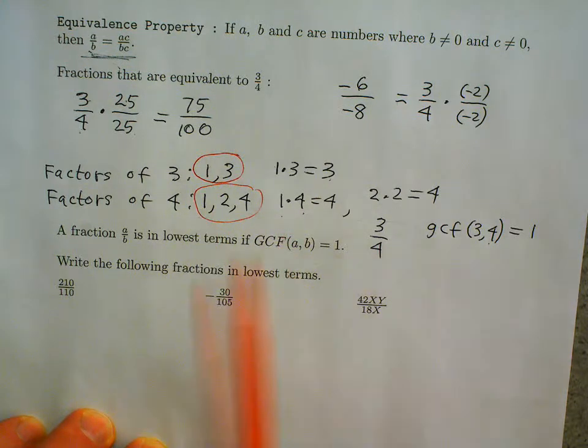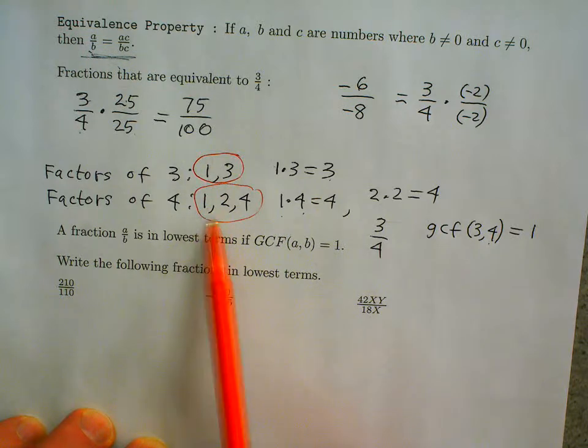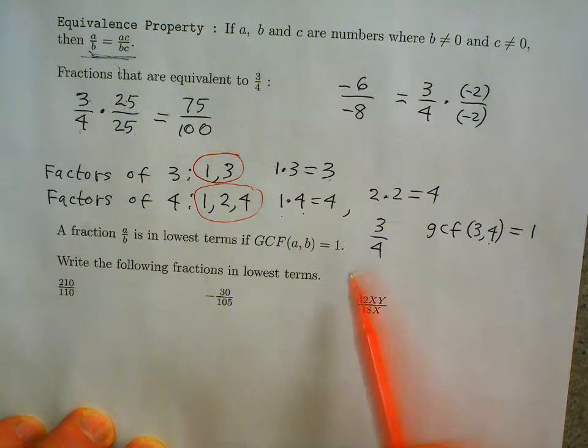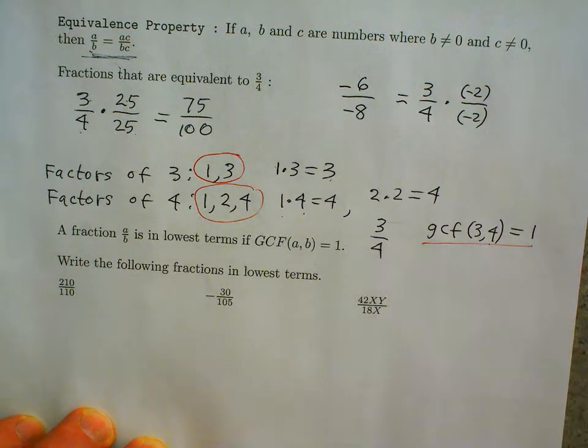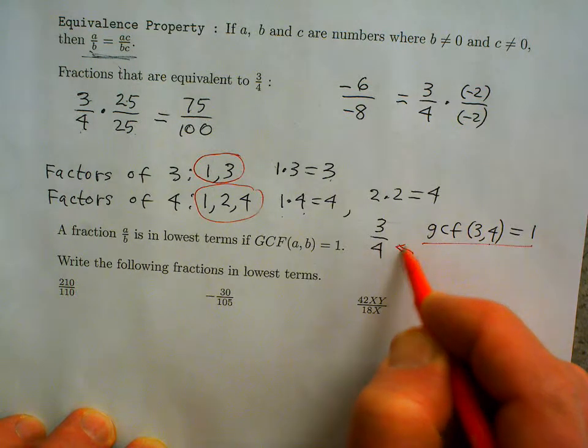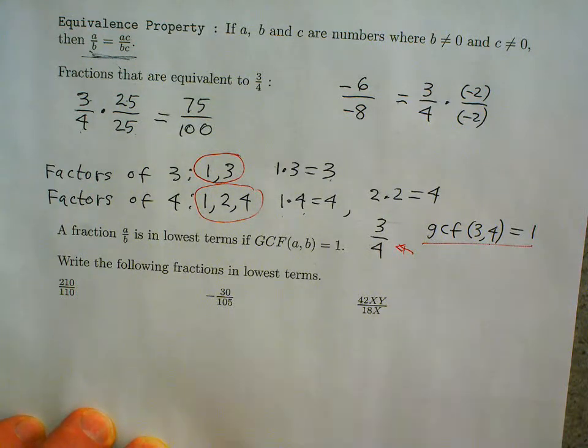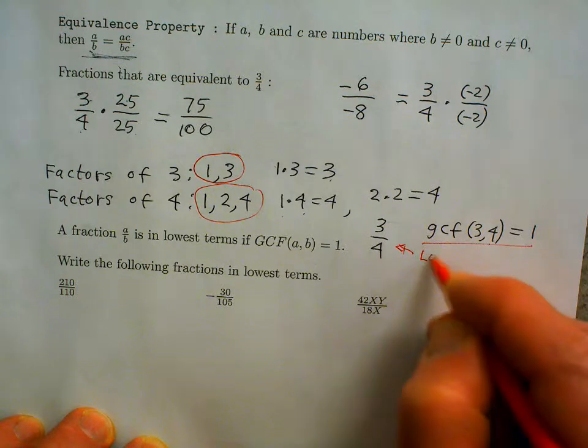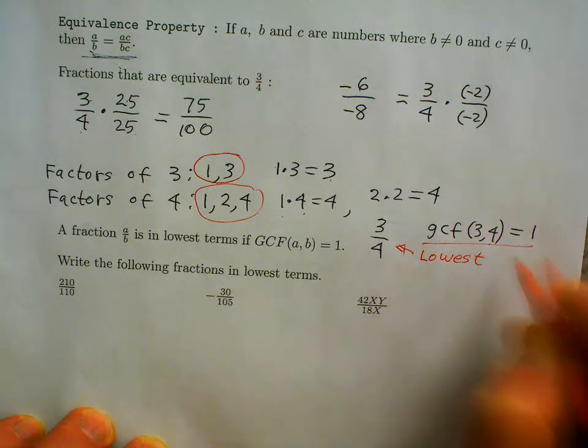And not only is it common, it's the greatest of all common factors. So the greatest common factor of 3 and 4 is 1. And so that means the fraction 3/4 is in lowest terms because the greatest common factor is 1. Lowest terms.